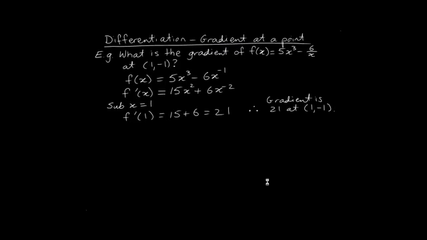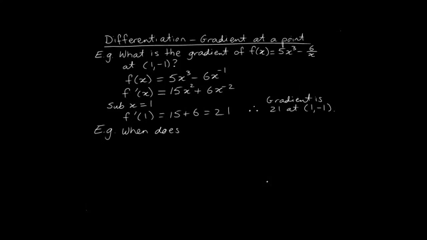Now the other type of example that we're going to have a look at here is where you're actually asked for what value will have a particular gradient. So let's say something like this.